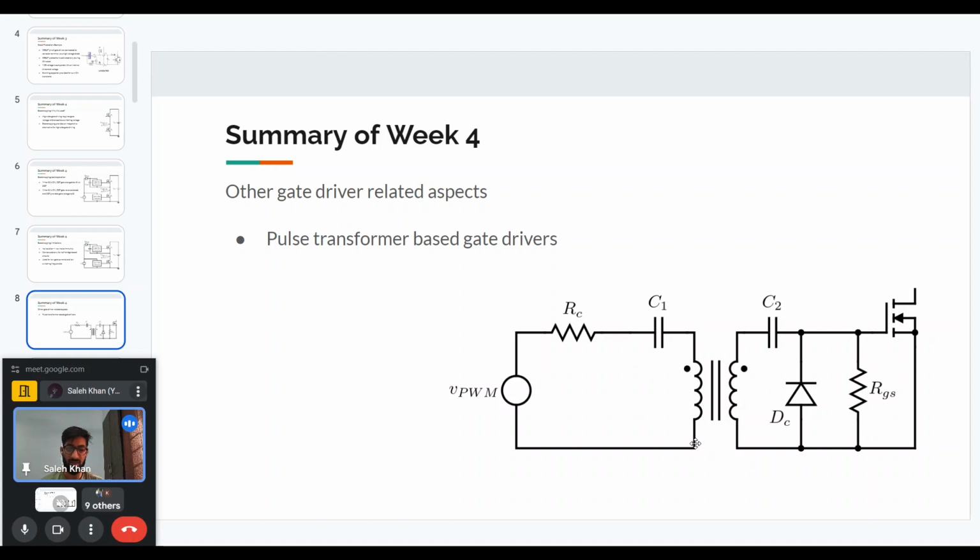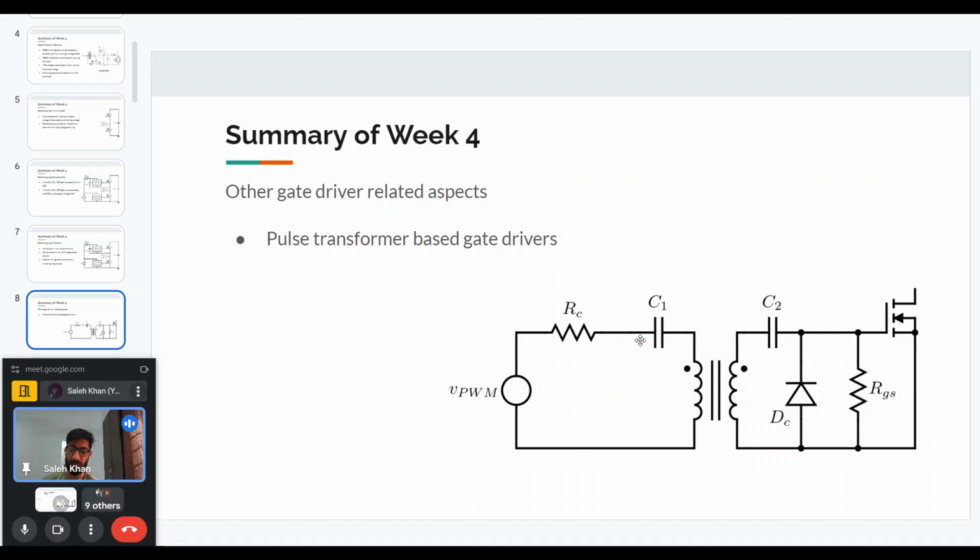And one advantage here is that it can supply both the PWM signal as well as the power for the gate driving voltage, as well as the isolation for the signal. So basically, it can supply signal and power in the same circuit.